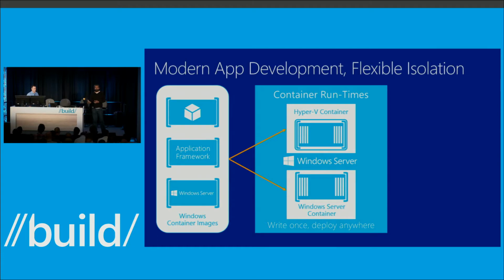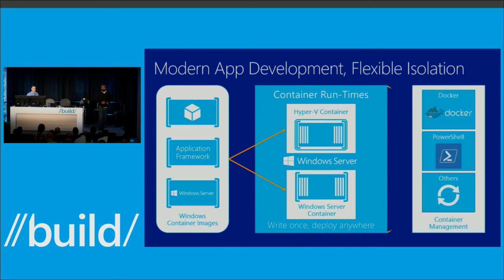And at runtime, you can choose to run it as a Windows Server container or a Hyper-V container. And the coolest thing is, you could build the experience completely using a Docker API, a Docker management head, using the Docker Hub, essentially creating Dockerized containers, even though underneath the covers it's all Windows Server container or the Hyper-V container.